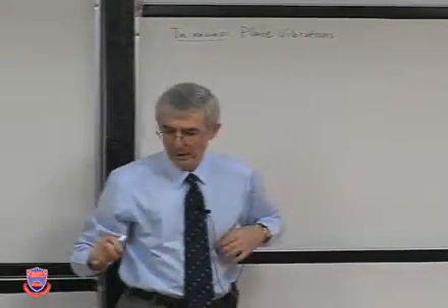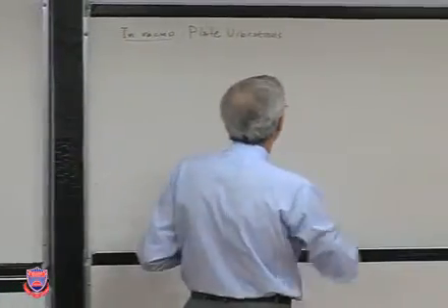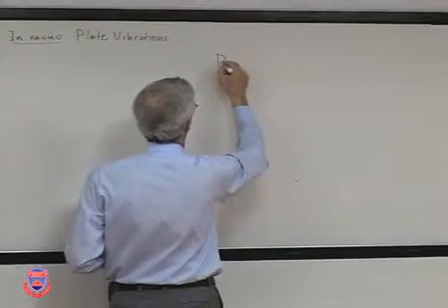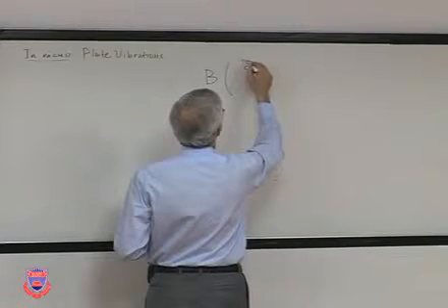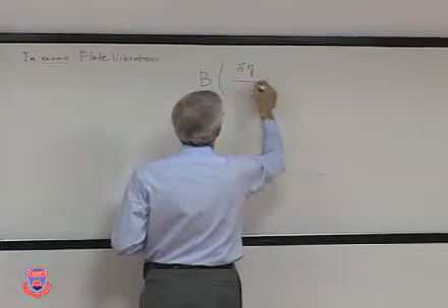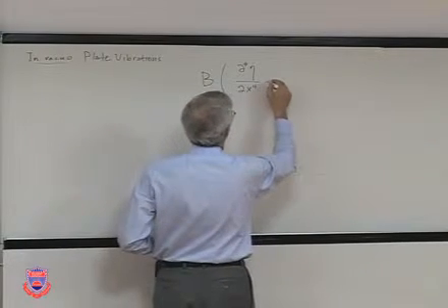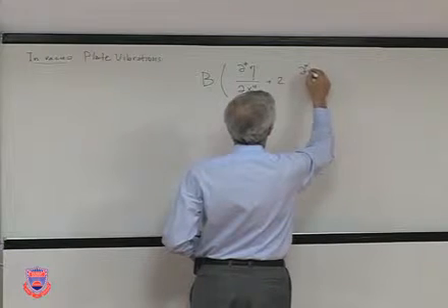Just as if it's in vacuum, how would a plate vibrate? The equation of motion for the plate, let me first write the general equation, and then I will explain the individual terms.